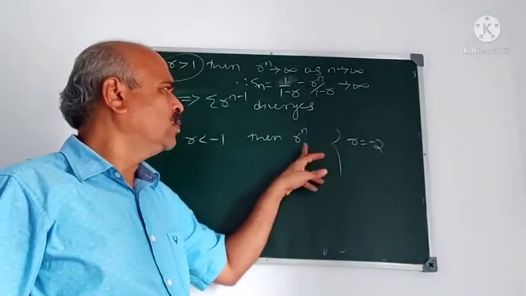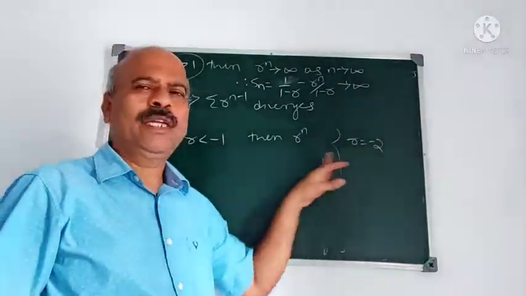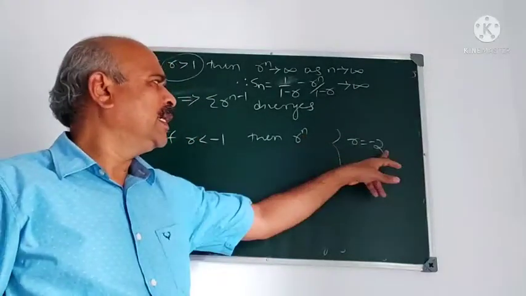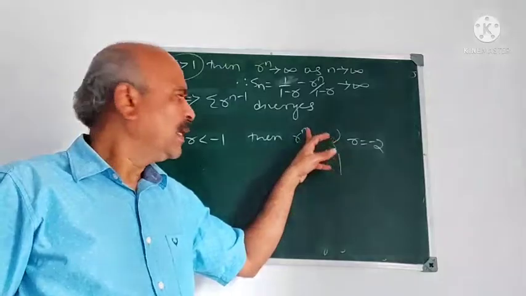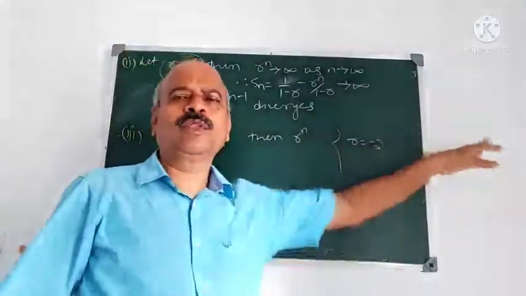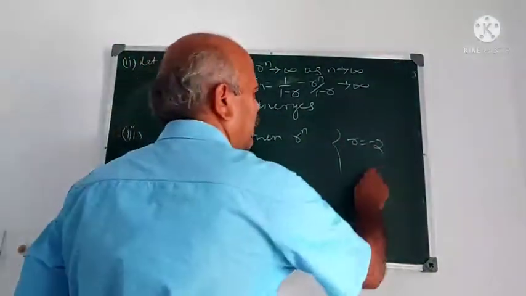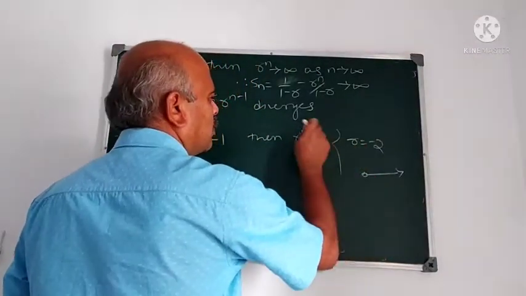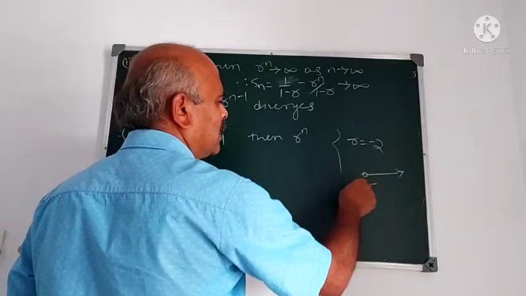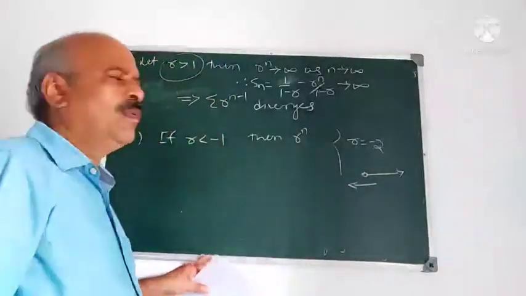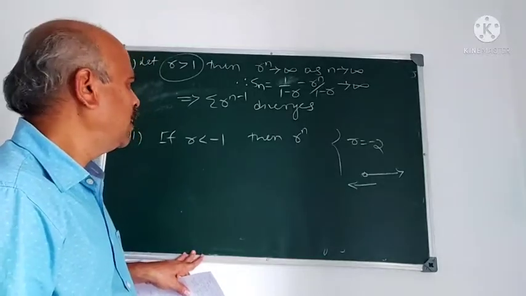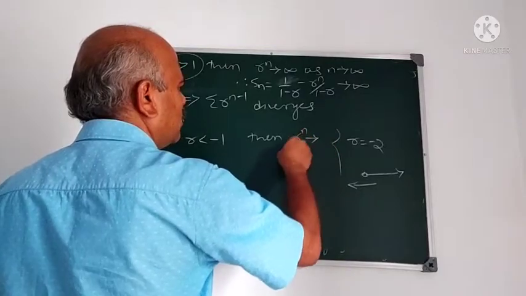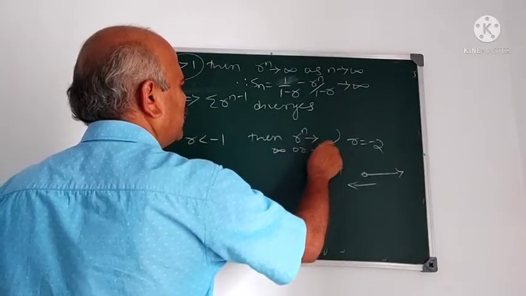If n is even, it becomes a large positive real number. It tends in the positive direction. Suppose n is odd, r raised to n tends in the negative direction when r is negative and less than minus 1. Therefore, r raised to n tends to infinity or minus infinity.